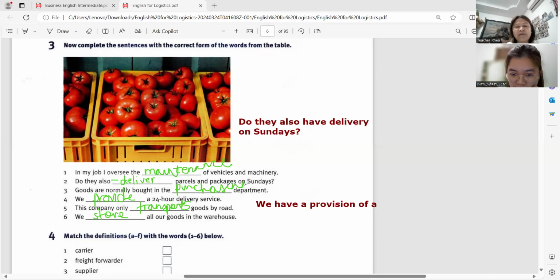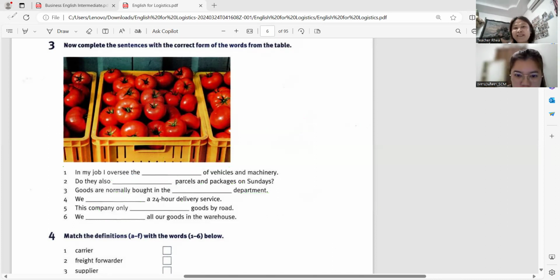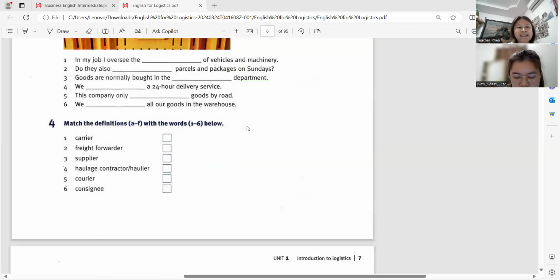It's a noun because we have department here. So goods are normally purchased. We can use purchased here because buy is the same word as purchase. Purchased in the purchasing department, bought in the purchasing department. So that is how we use the nouns and the verbs in the sentence.